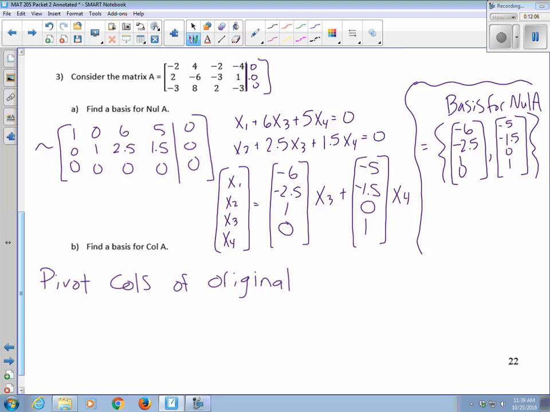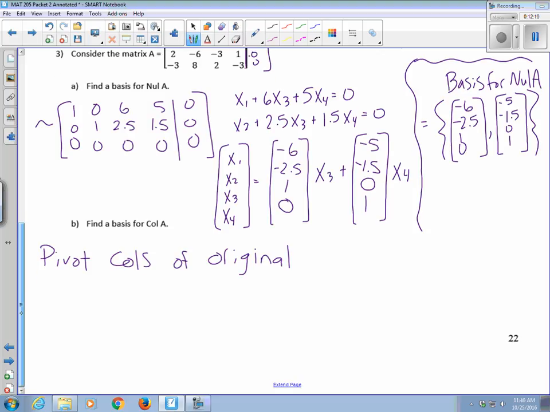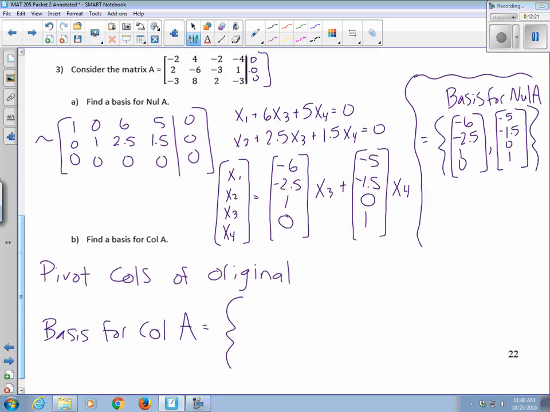The first two. So I take the first two columns from the original matrix A. So my basis for col A is a set of vectors, the first two columns of the matrix A: -2, 2, -3, and 4, -6, 8.